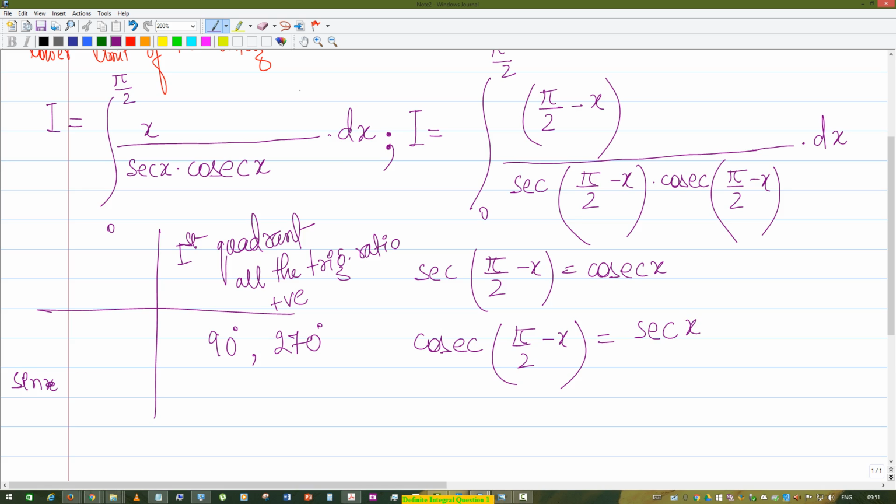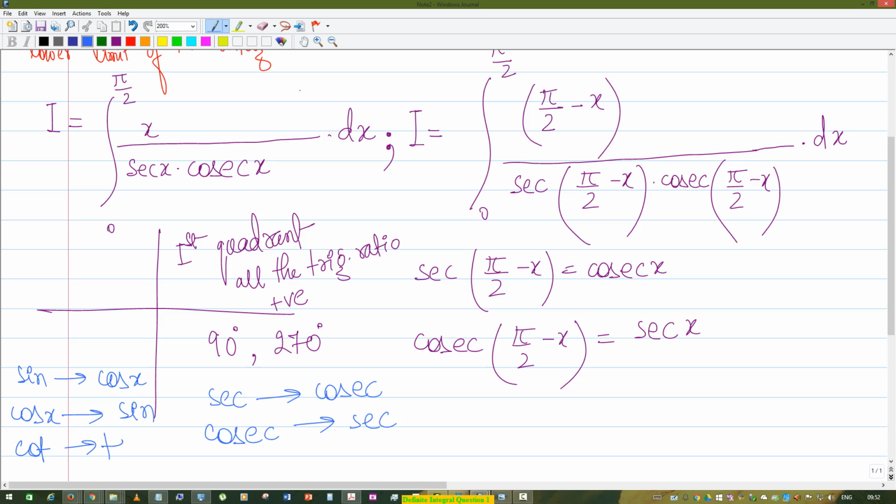Sin changes to cos, cos changes to sin, secant changes to cosec, cosec changes to secant, cot changes to tan, and tan changes to cot.